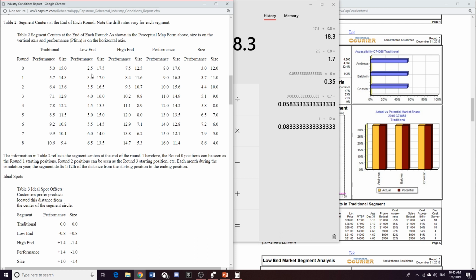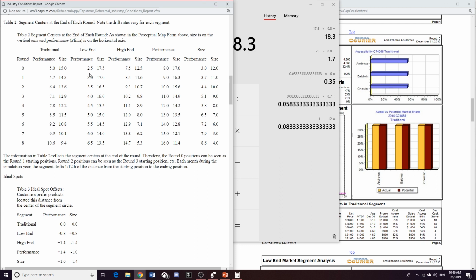So let's say that we want to calculate the month of June. If you want to calculate the month of June in this simulation, you want to set your product to the middle of the year. So the month of June. Let's see. The low end segment performance increases by +0.5, and the size decreases by -0.5 every round.